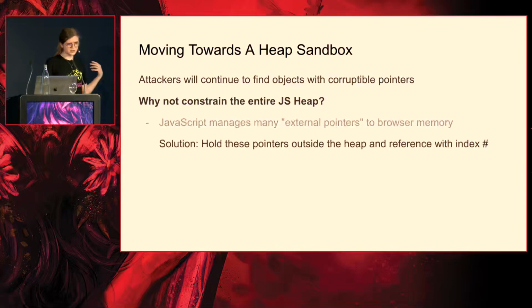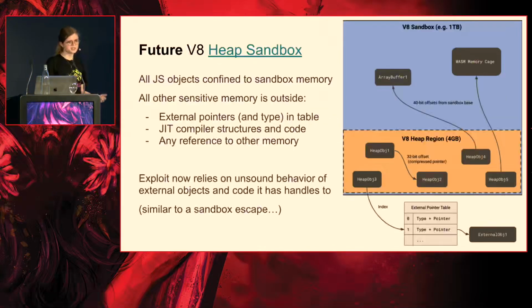So if you were looking towards making this mitigation better, you'd probably want to first remove all of those pointers that don't point to the JavaScript heap, put them somewhere outside, and then give JavaScript a way to reference them. And this is pretty much what a future mitigation, which is being created by a Chrome team for V8, called Heap Sandbox.